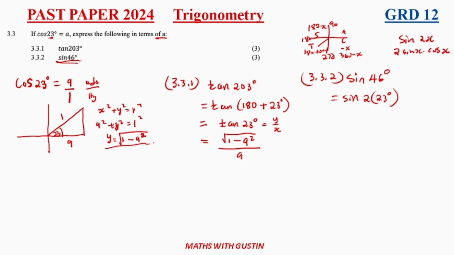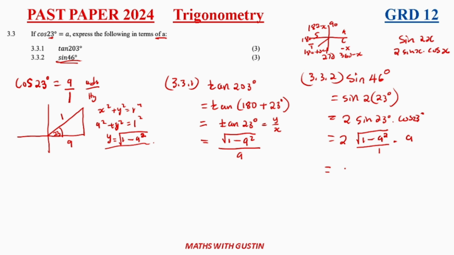So a similar thing applies here. If x is equal to 23, you're going to have 2 sine 23 multiplied by cos 23. Therefore 2 times sine, which is opposite over hypotenuse. What is the opposite here? Opposite is the square root of 1 minus a squared all over hypotenuse, which is 1, multiplied by cos 23, which is just a.